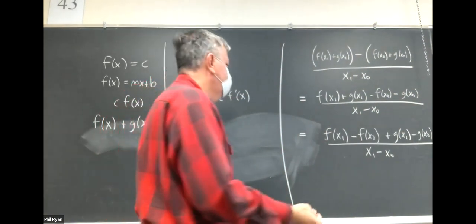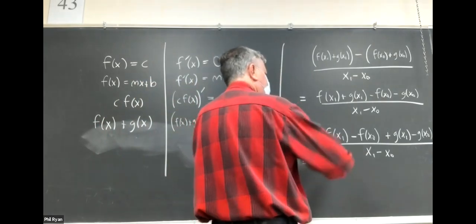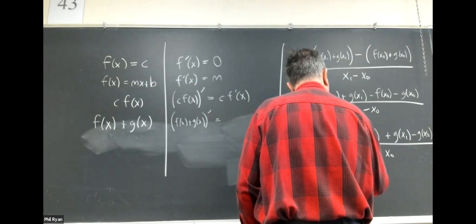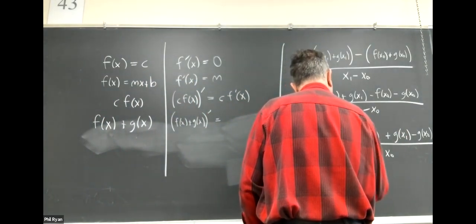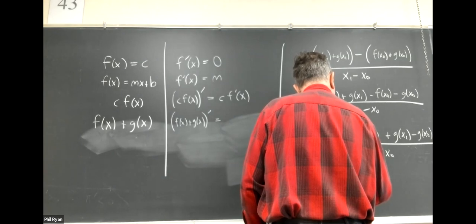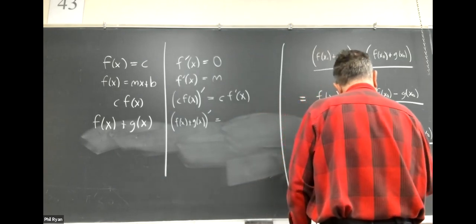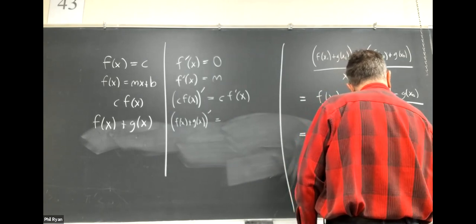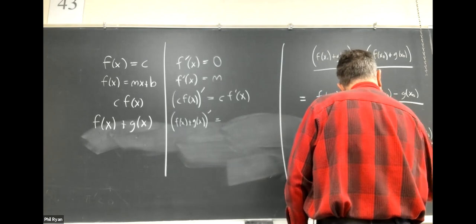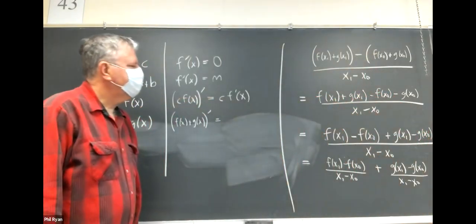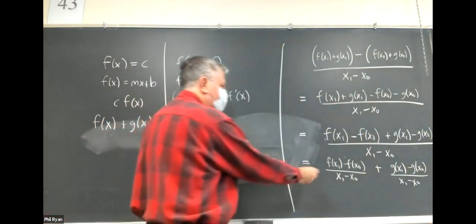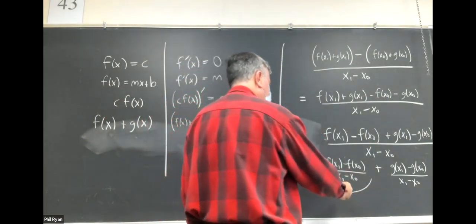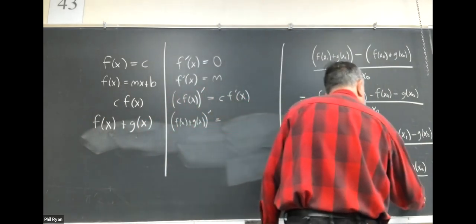And now I'm just going to separate them out into f's and g's. So this is f of x1 minus f of x naught over x1 minus x naught, plus g of x1 minus g of x naught over x1 minus x naught. What's this? This is the derivative of f, and this is the derivative of g.